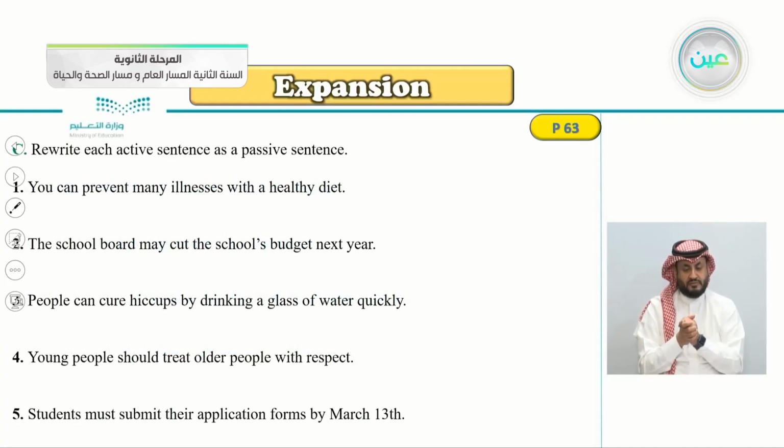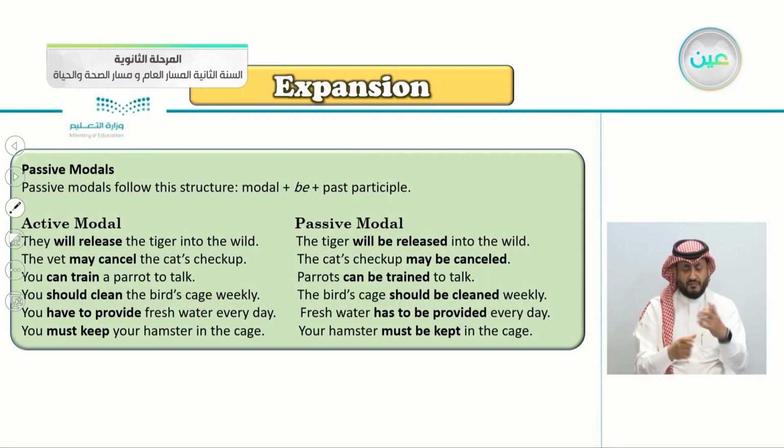Exercise C, rewrite each active sentence as a passive sentence. So, change from active to passive. If you remember this lesson, the passive modals follow the structure: modal plus be plus the past participle. They will release the tiger, the tiger will be released.